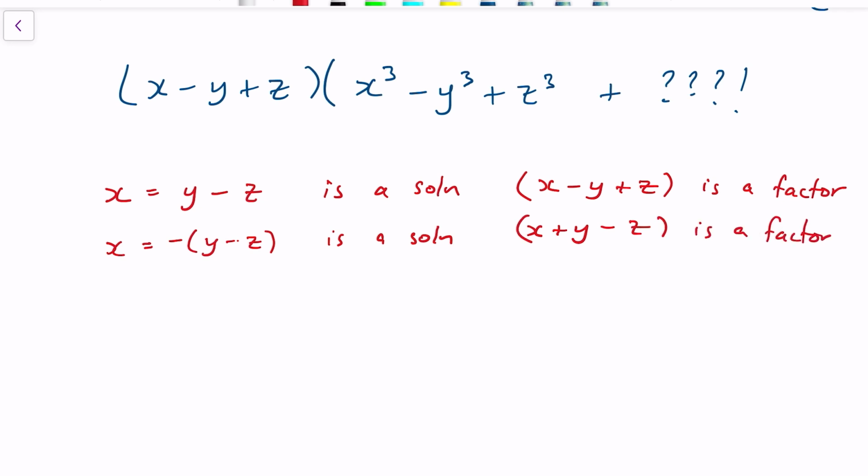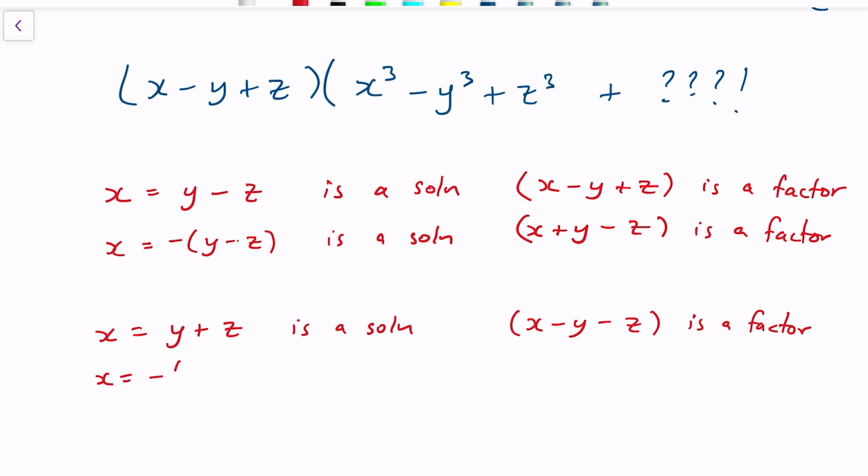Now, this is one where you'd need to prove this next result or come up with some argument as to why, but x equals y plus z is actually also a solution, and you can substitute it in like we did with the previous one and show that everything cancels. Therefore, x minus y minus z is a factor. And lastly, because of the even thing again, x equals minus y plus z is a solution. x plus y minus z is a factor.